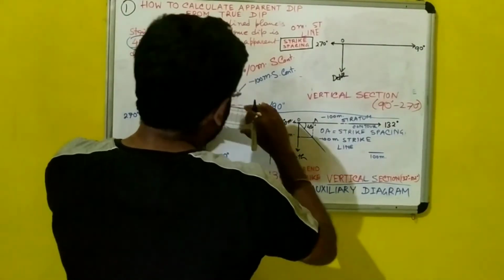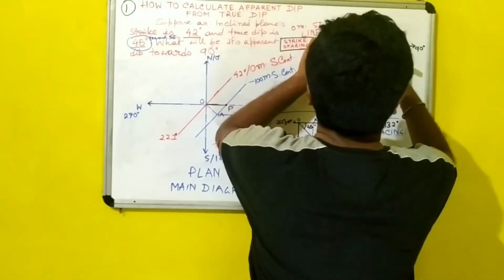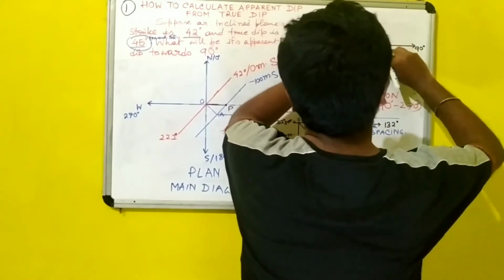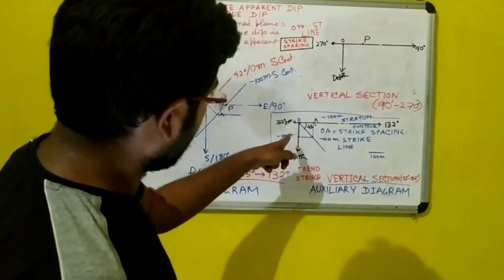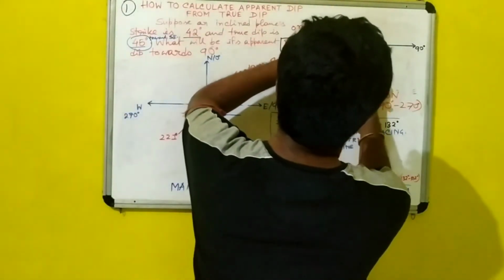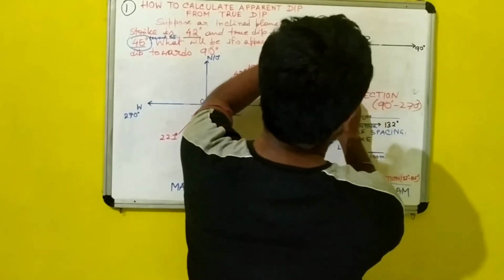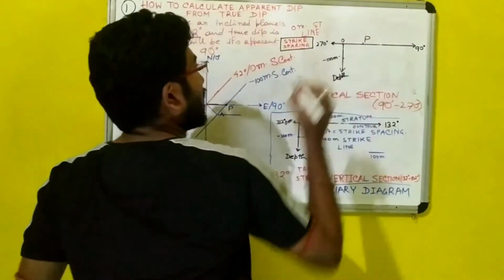This is around 5.4, so 5.4 I am marking. This is OP, and again 100 meter. For 100 meter I have to go downward 4 centimeter. So this is minus 100 meter.